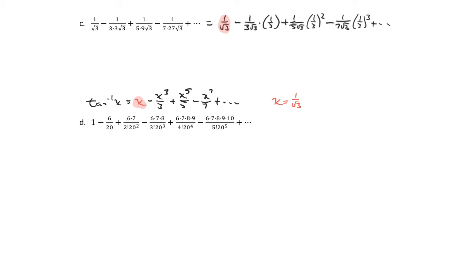If that's the case, then for the second term, I should have x cubed, right? X cubed over 3. Well, that would be 1 over radical 3 cubed, which, if you need to, multiply it all out. Aha, those first two can be grouped together as 1 over 3 radical 3.